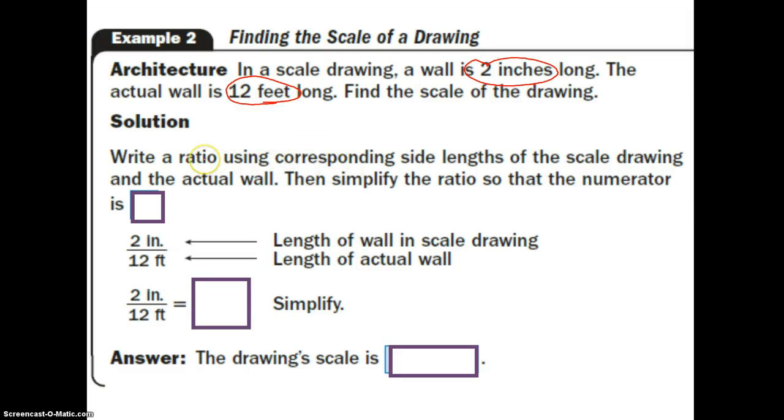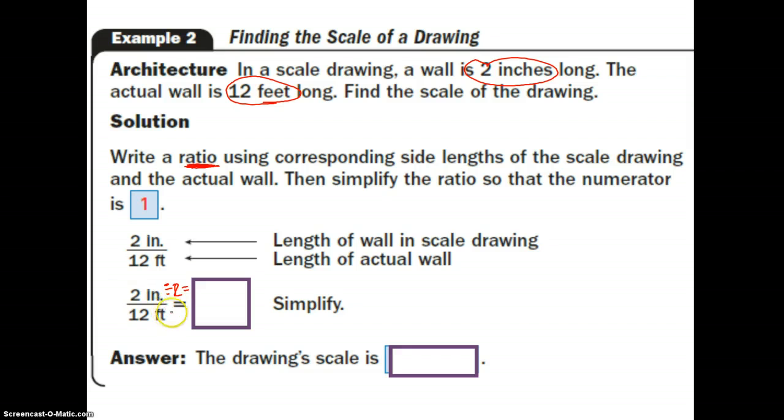You can say that this is a ratio of the wall lengths. So we can simplify this ratio so that the numerator is 1. Here's your ratio, 2 inches over 12 feet. Get the numerator to be 1. So I divide by 2 to get 1 inch.